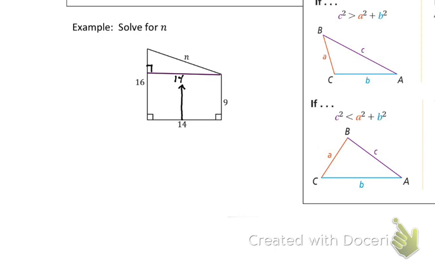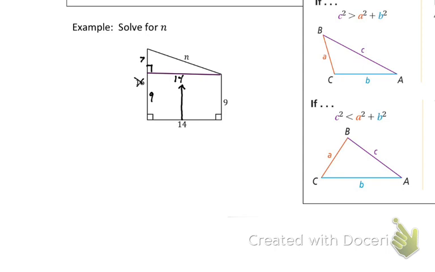If the whole side on the left is 16, and inside the box it'd be 9, this side of the triangle has to be 7. If this has to be 9, and this is 16, and I split this apart, this must be 7, because 9 and 7 would give me that 16. Perfect. Now I have two sides and a hypotenuse.